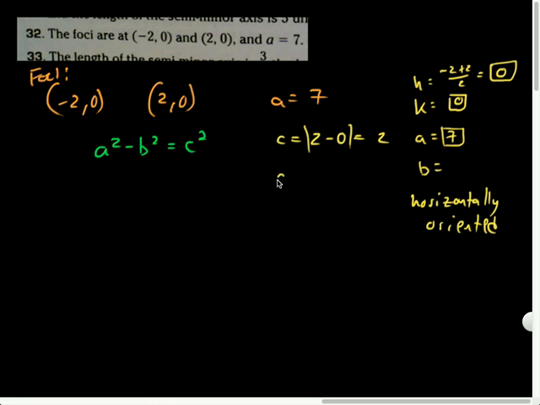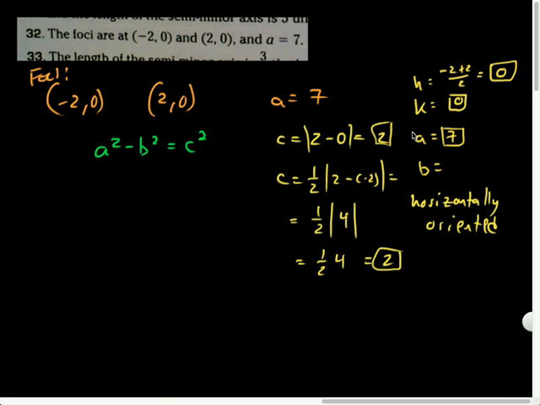Another way you could have found C is half the distance that the foci are from each other. So it would be 1/2 of 2 minus -2, which is half of the absolute value of 4, which is 2.